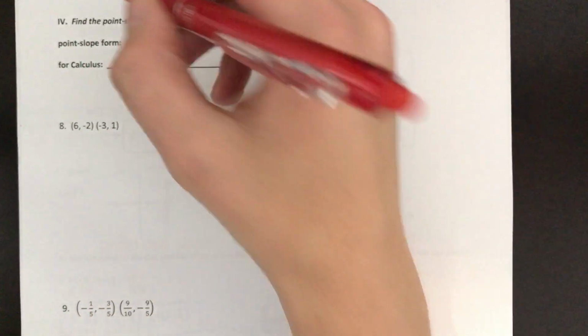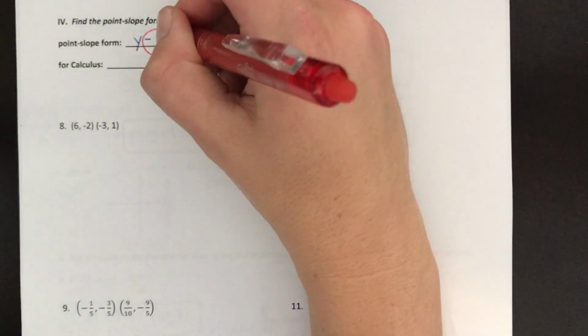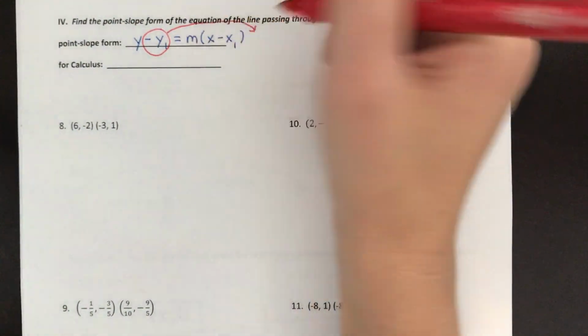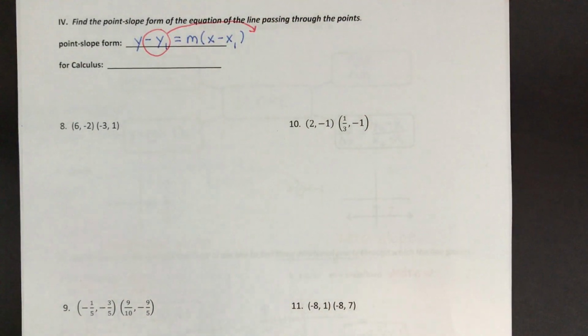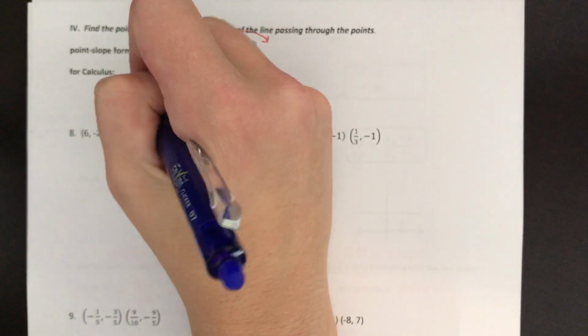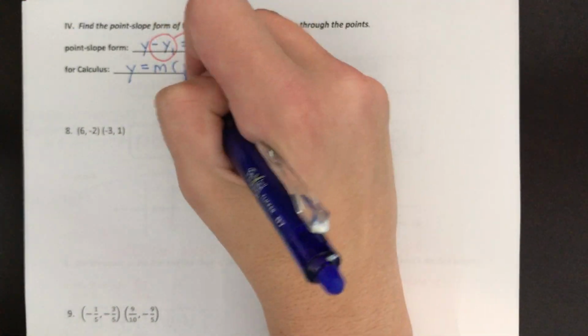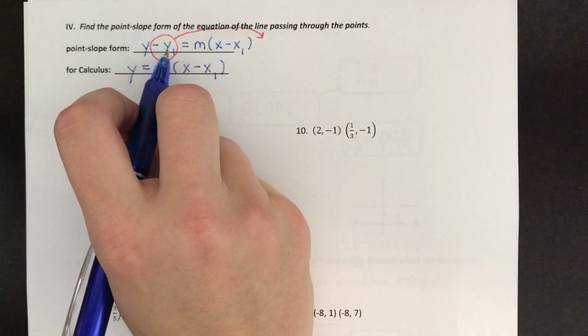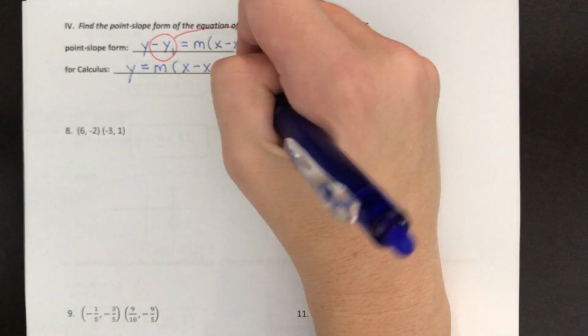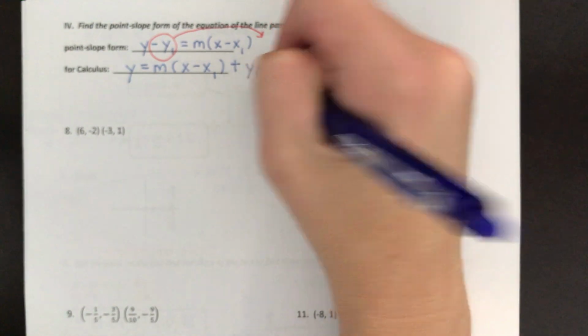For pre-cal and calculus, we want you to put the point-slope form in y equals. So we will rewrite this to be y equals m times the quantity x minus x1. And then when you bring that minus y1 over across the equal sign, it'll become plus.